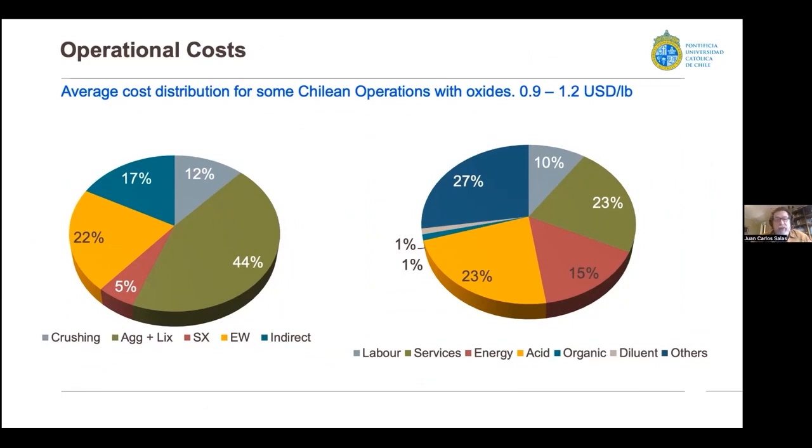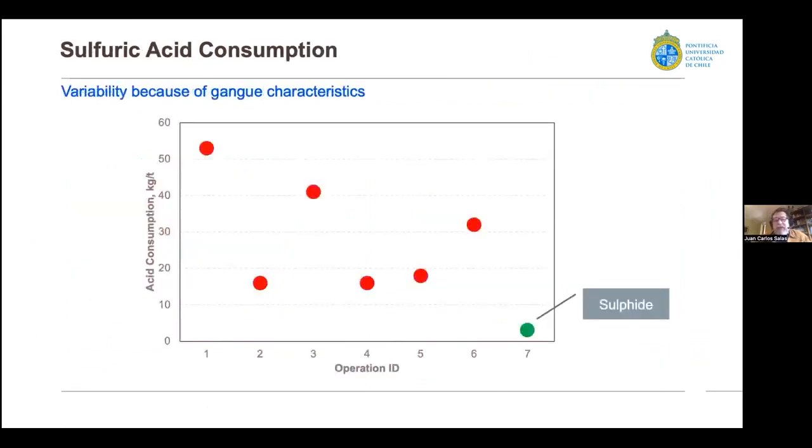One issue to keep in mind regarding the cost of acid is that acid consumption is a property particular to each ore body, as it depends strongly on the characteristics of the gangue which accompanies the copper mineral. The presence of species like carbonates that are net acid consumers will increase the specific acid consumption.